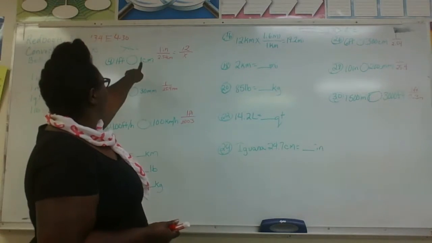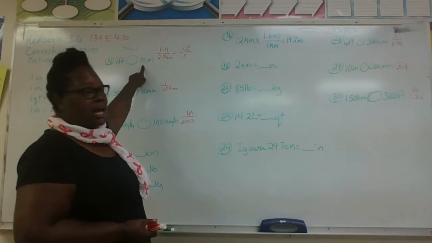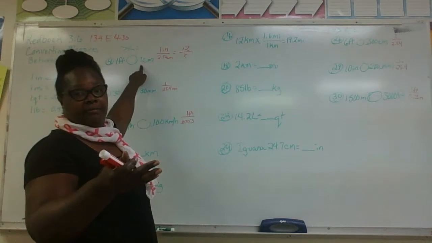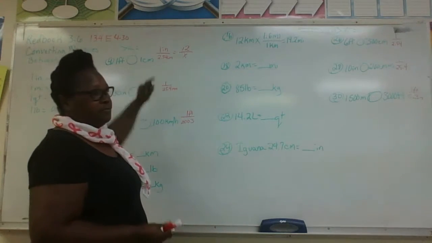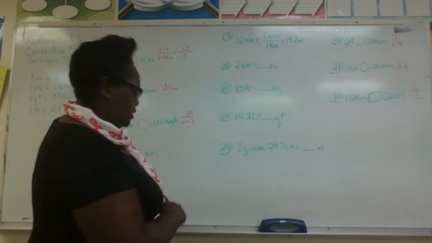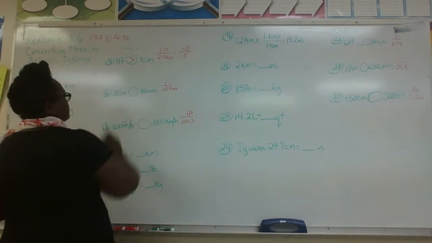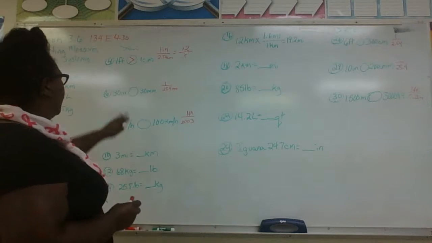But we only have one. So since it's not 30 centimeters or greater, we know that 1 foot is greater than 1 centimeter. So here we are. Now, let's take a look at our next one.